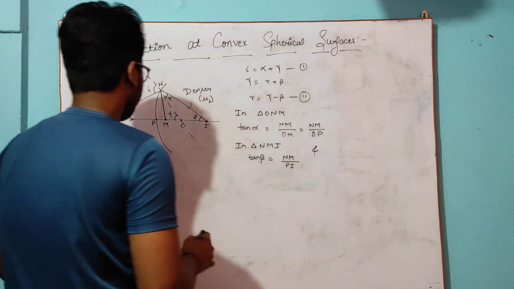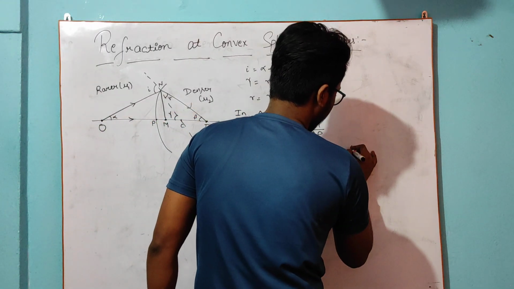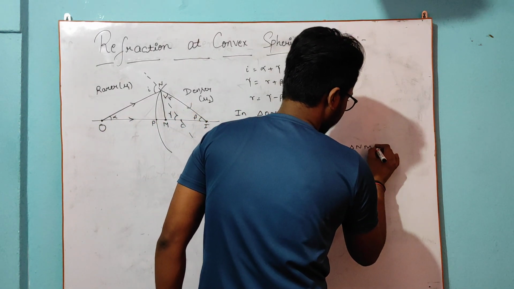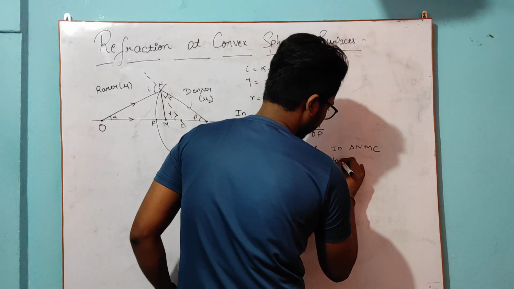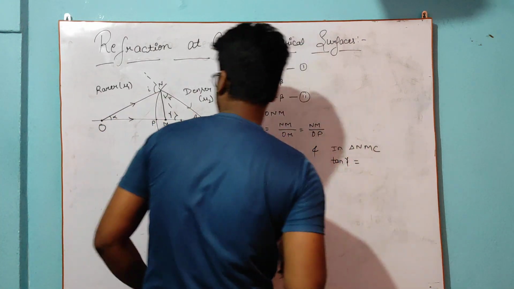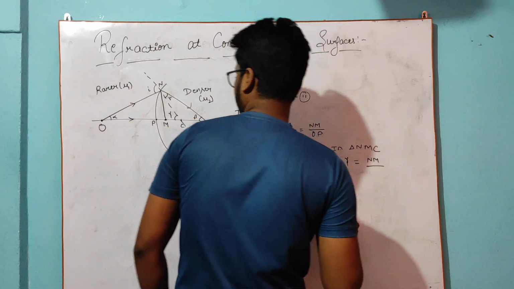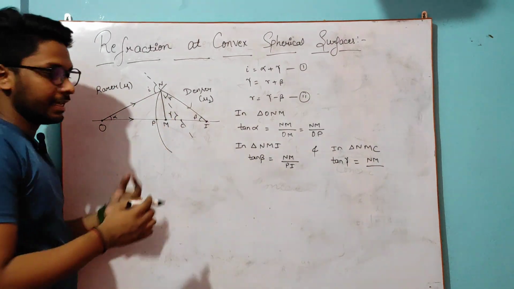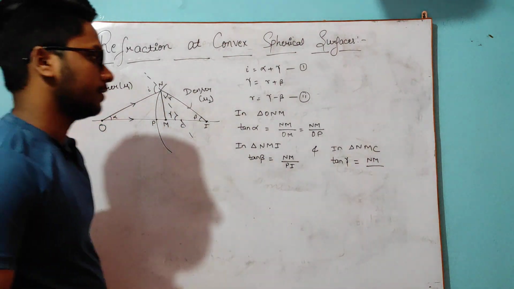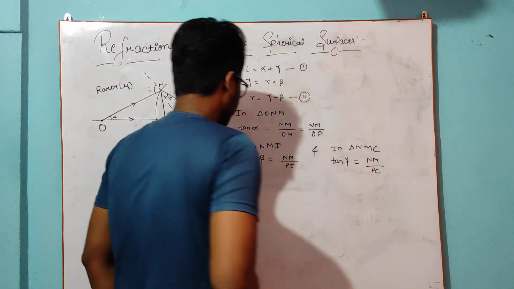And in triangle NMC, tan gamma is NM upon MC, and MC is almost equal to PC.